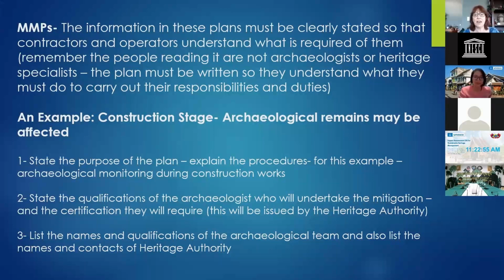So a CV would have to be provided. The Heritage Authority may require that that archaeologist has a certification. They certainly require that the archaeologist has a certain background that makes it appropriate for them to carry out the mitigation. So you also have to list the names and the qualifications in this management plan as well.